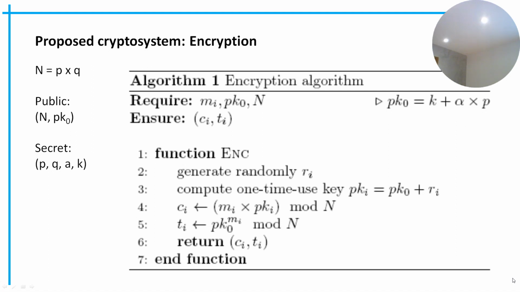After extracting C and extracting M, the receiver also computes key prime K and computes PK to see if it's the same as Ti.